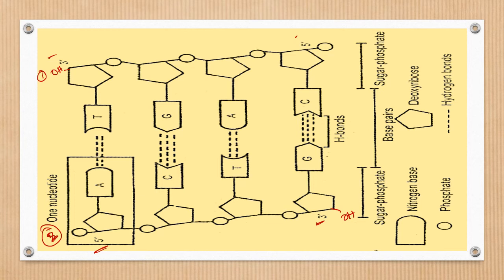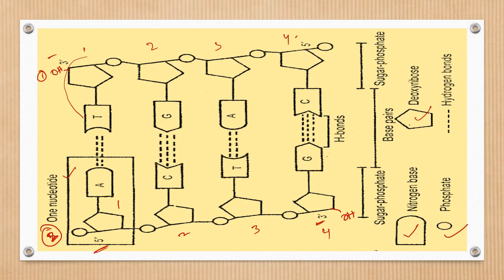The circle represents phosphate, this group represents the nitrogen base, and this pentagon is a sugar molecule, that is deoxyribose. Here, this box is one nucleotide, and there is a second, third, and fourth nucleotide. Similarly, in the other chain there are four nucleotides.